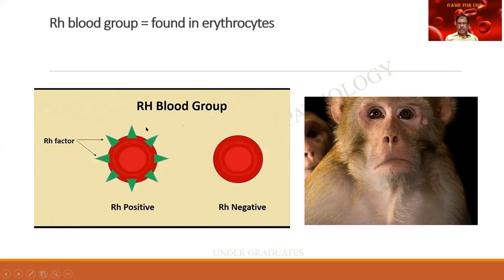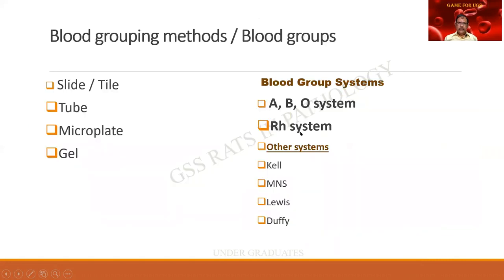This is of paramount importance. In fact, Rh incompatibility is more notorious and dangerous than ABO incompatibility. Both of them will lead to hemolysis, but you find that Rh incompatibility can devastate lives. This is a very important question that I usually ask the students repeatedly, and I get the wrong answer.